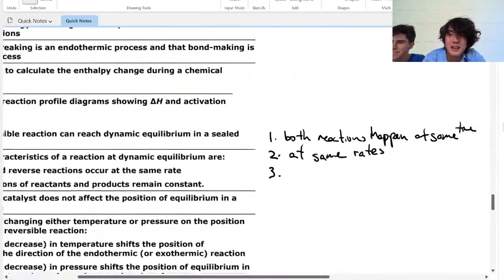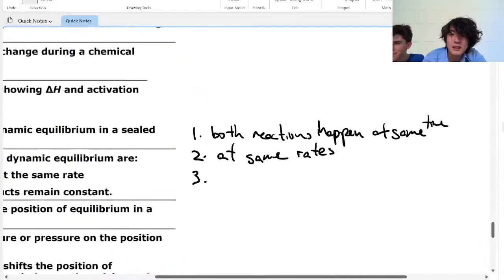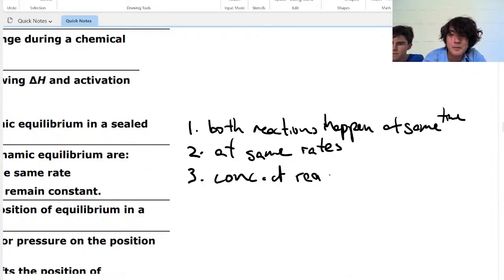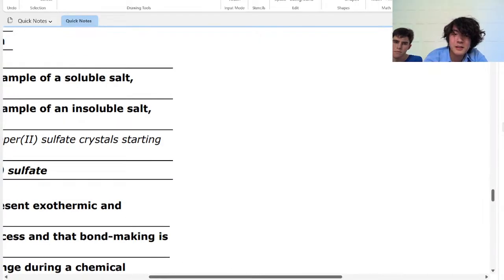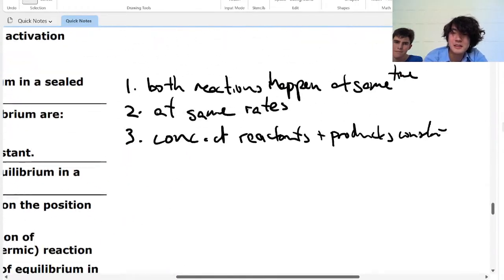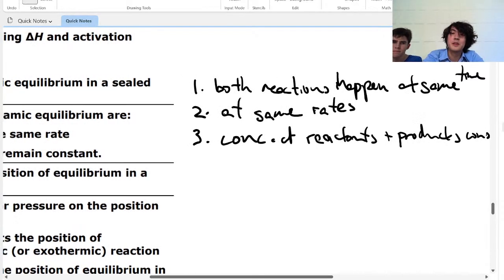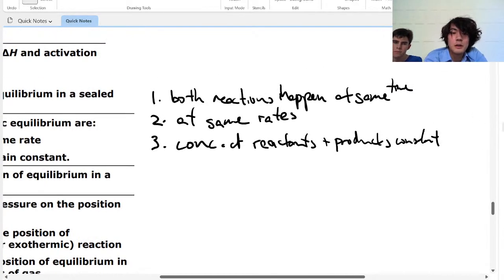Number 3, concentration of reactants and products constant. So if they ask you to define equilibrium, just write those 3 points. Also write it's in a closed system.